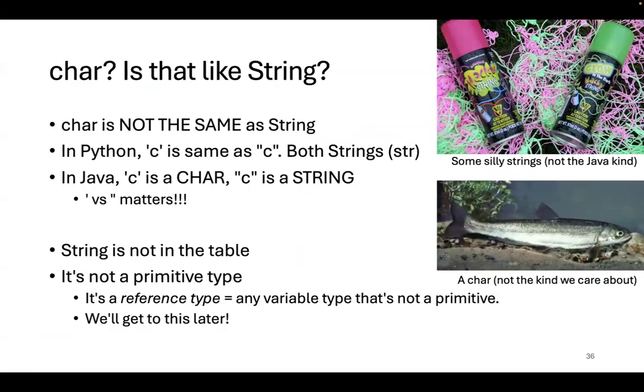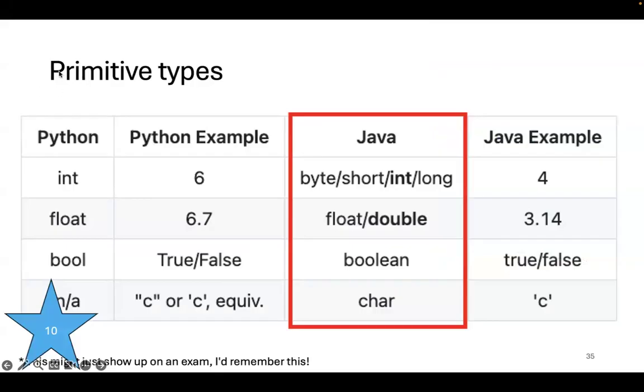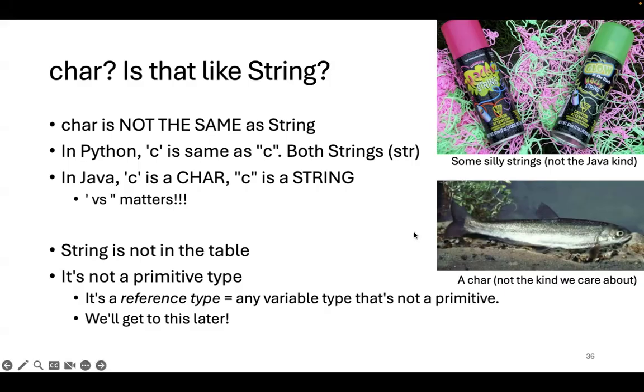Okay, so char is not the same as a string. In Java, single quotes versus double quotes matters. A string is not in this table of primitive types. That's because primitive types are the simplest possible data types that Java has to work with, and string is a little bit more complicated than that.